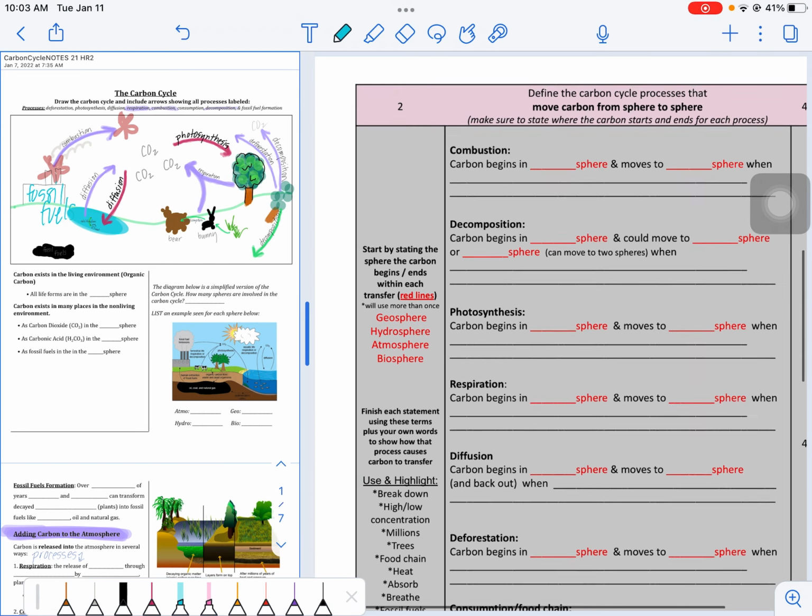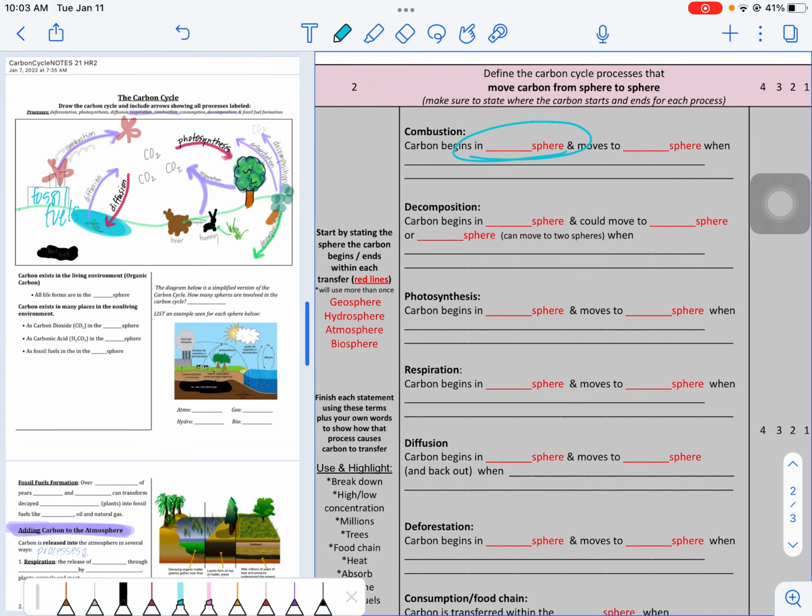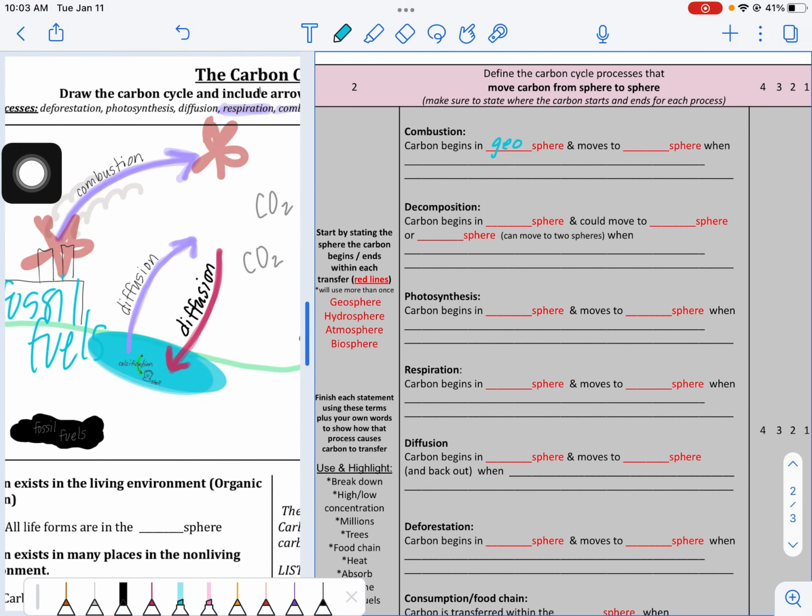So when we think about the sphere for fossil fuels, hopefully your mind is thinking about geosphere, and looking at where the arrow ends up in these CO2 molecules in the air, we know that is in fact our atmosphere. So again, we're just using the arrow and saying what sphere to what sphere, really similar to our game that we moved around the room. These are my locations and they fall under these spheres.